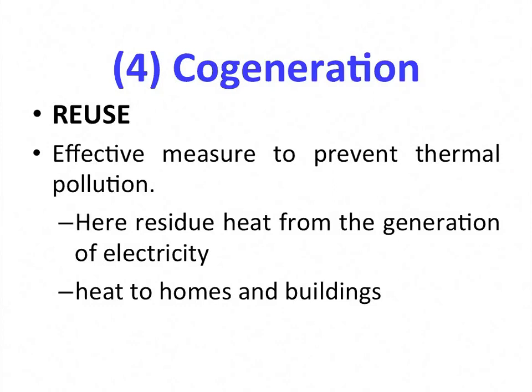Cogeneration, or combined heat and power, is the use of a heat engine or power station to generate electricity and produce useful heat at the same time. The basic purpose of this method is to reuse all the wasted heat in order to generate electricity which is provided to various homes and buildings.